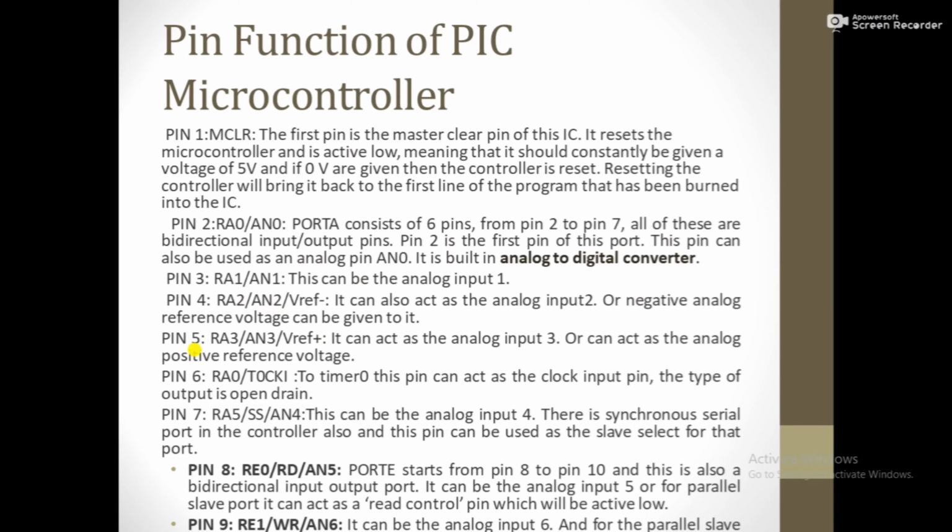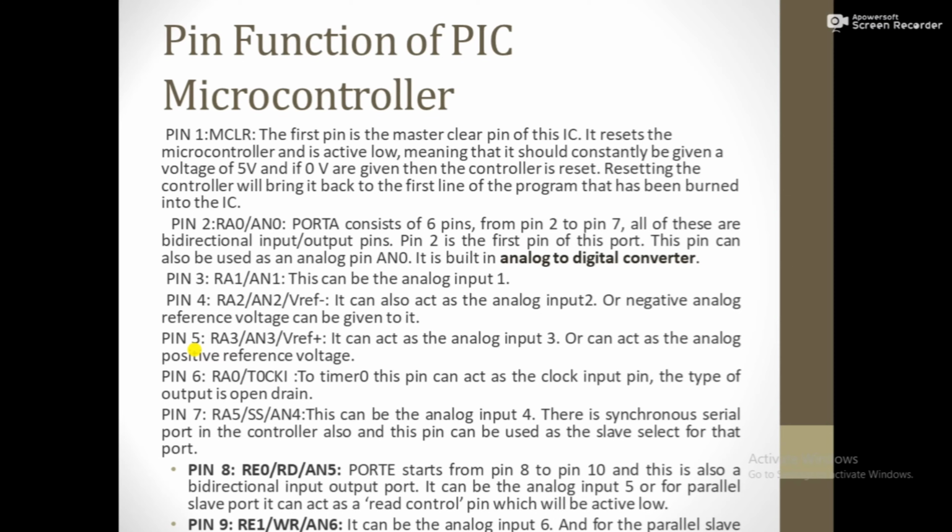Pin 6, that is RA4 T0CKI. This pin can act as a clock input pin for timer 0. This type of output is open drain. And RA5 SS AN4 can be analog input 4, and it is also a synchronous serial port in the controller, and the pin can be used as a slave select for that port.